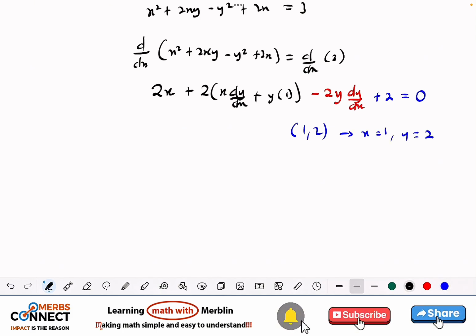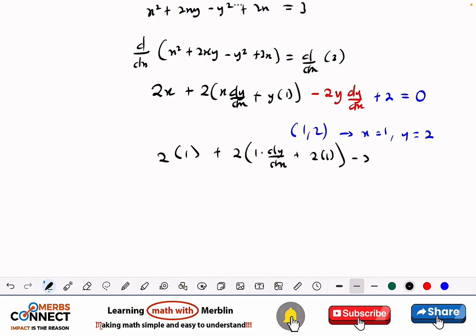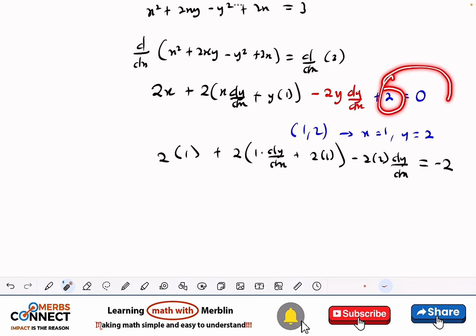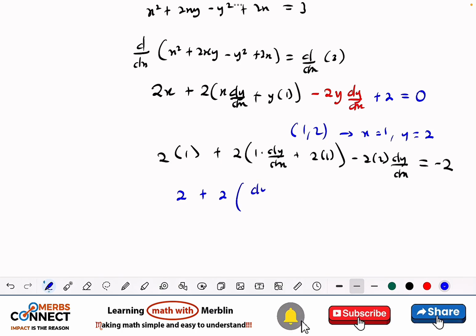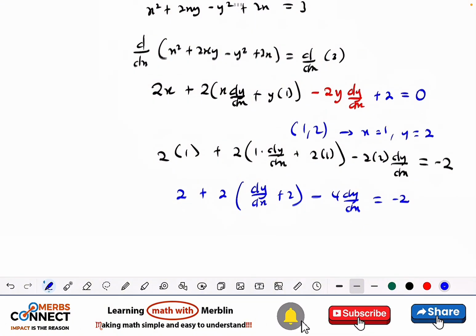So I'm going to have 2 times 1 plus 2 times x is 1, so 1 times dy over dx plus y is 2 times 1 minus 2 times 2 dy over dx, which is equal to minus 2. So I just move the 2 here to the other side. So I'm going to have 2 plus 2 here will be dy over dx plus 2 minus 4 dy over dx, which is equal to minus 2.